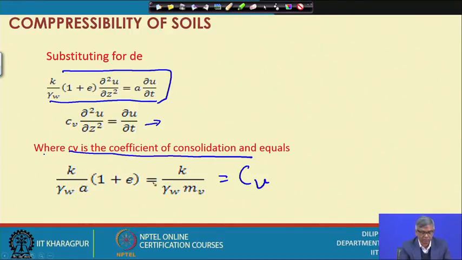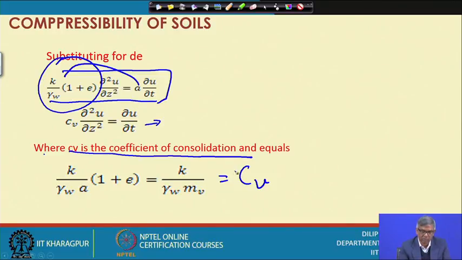So, either way, whatever terms we have got, all together we are introducing by a term that is called Cv, denoted as coefficient of consolidation Cv.